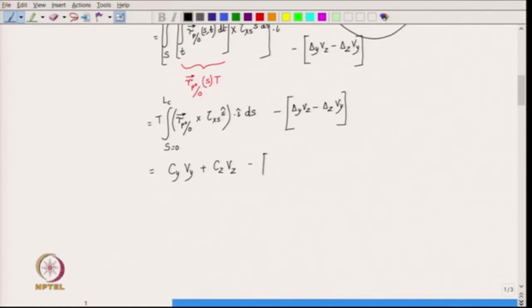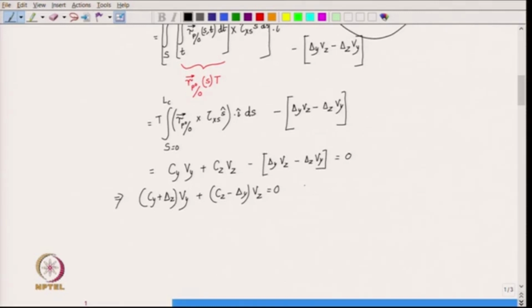And we have minus delta y v z minus delta z v y, and this has to be equal to 0. So, this means we have C y plus delta z times v y plus C z minus delta y times v z, and this has to be equal to 0, and this holds for any v y and v z.